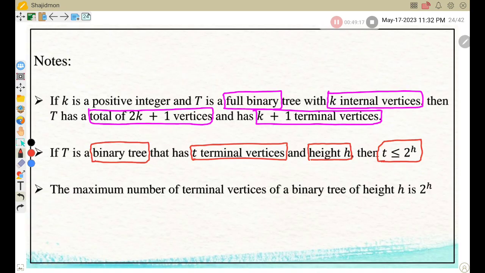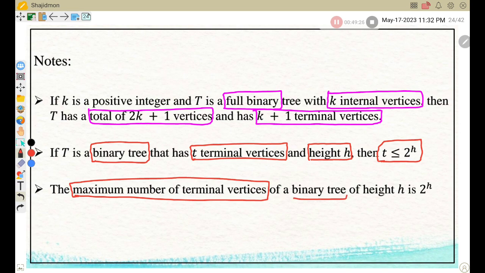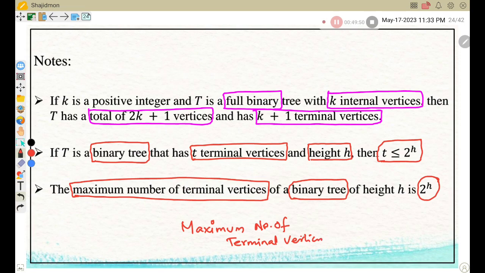Okay, now the next point, the maximum number of terminal vertices. The maximum number of terminal vertices of a binary tree of height h is 2 power h, where h is the height of that binary tree, only for a binary tree.